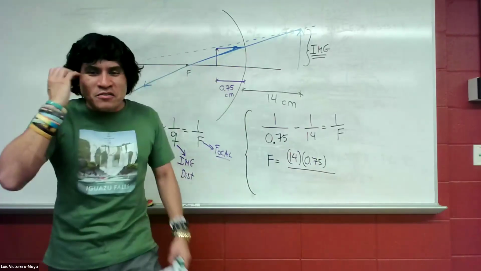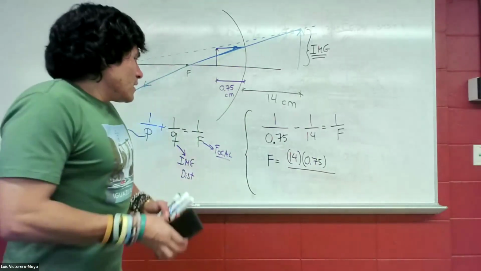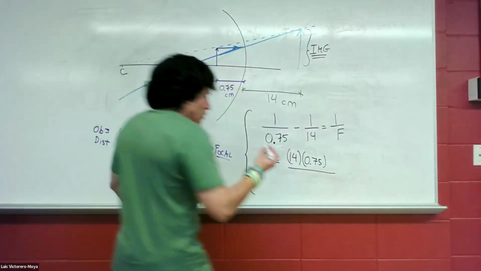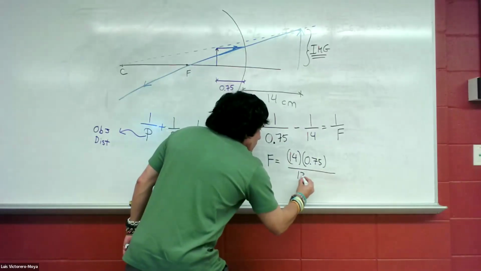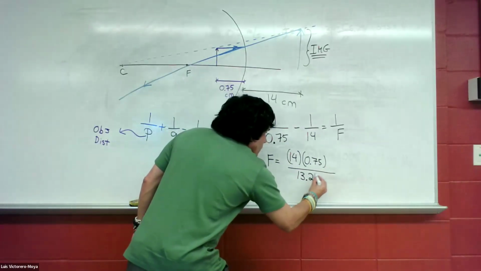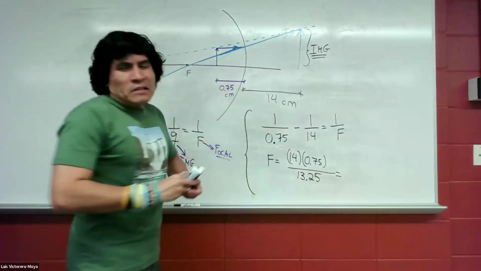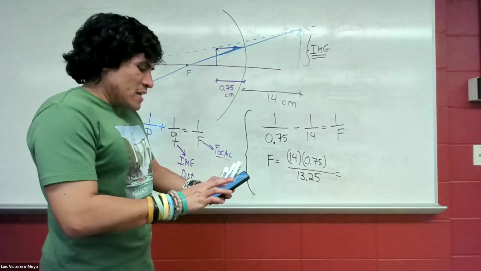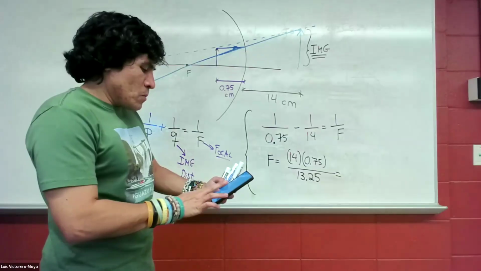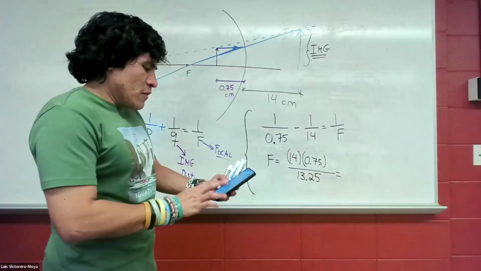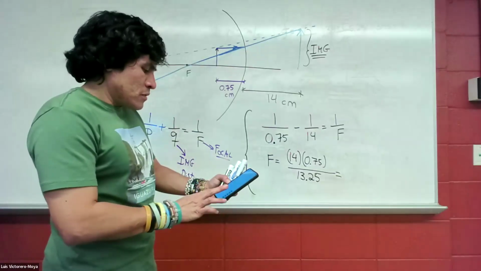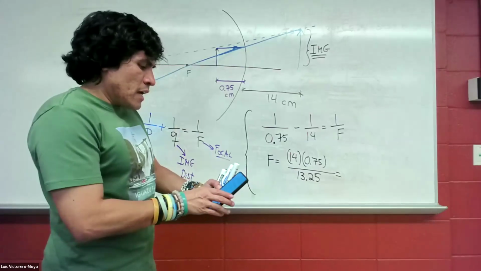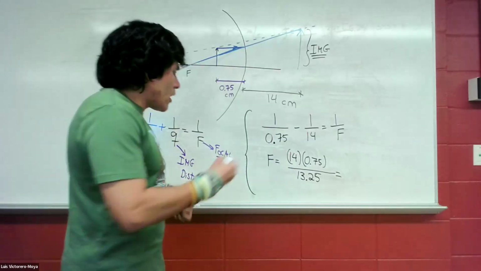Because now you do that in fractions. That's 13.25. You can use decimals if you want, guys. I'm just trying to use some of these math tricks that I know, but at the end of the day, you can use any method to simplify this. I get 0.79 for the focal.